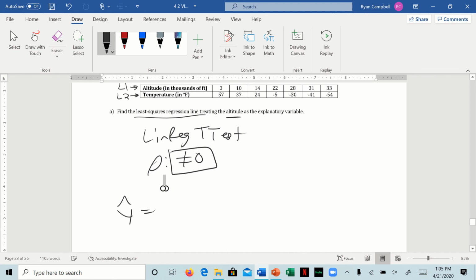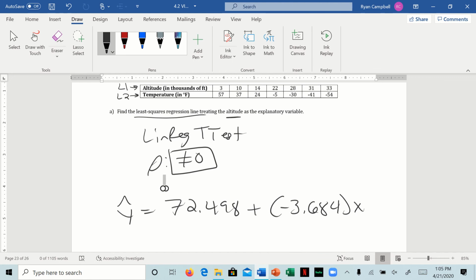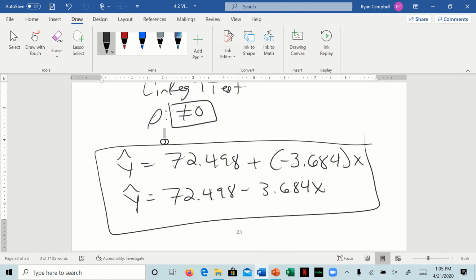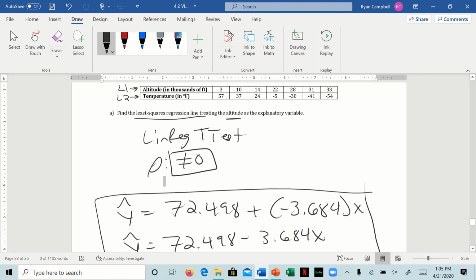The regression line will be y-hat equals 72.498 plus negative 3.684x. Or we could just subtract. Either of these. Remember, there will always be a line of best fit.